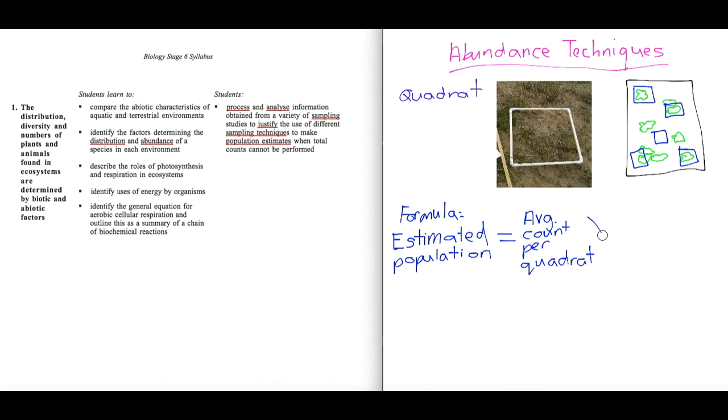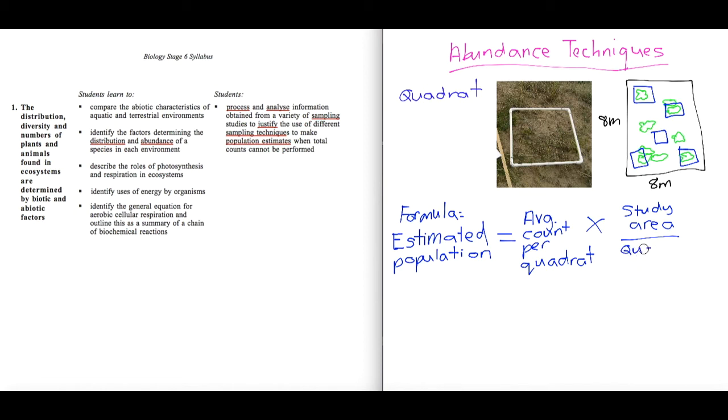Okay, the next part of the formula is to multiply this by your study area. For example, let's say that the height is 8 meters and the width is 8 meters. So the study area would be 8 times 8, which is 64. That would go in your study area section of the formula.